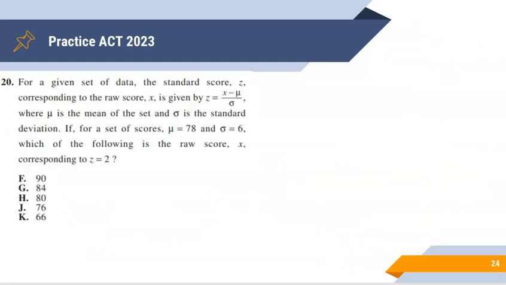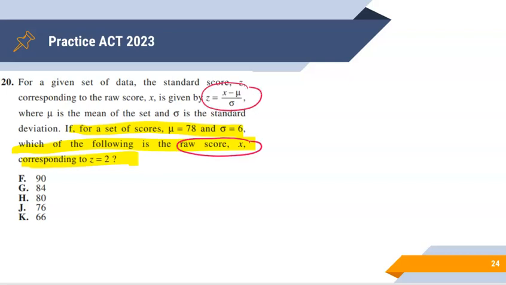Okay, number 20. They want to know, given all this information, what would the raw score x be? Well, luckily they give us a formula, right? I'm just going to plug in the stuff they tell us, like z is equal to 2. We do not know what x is.